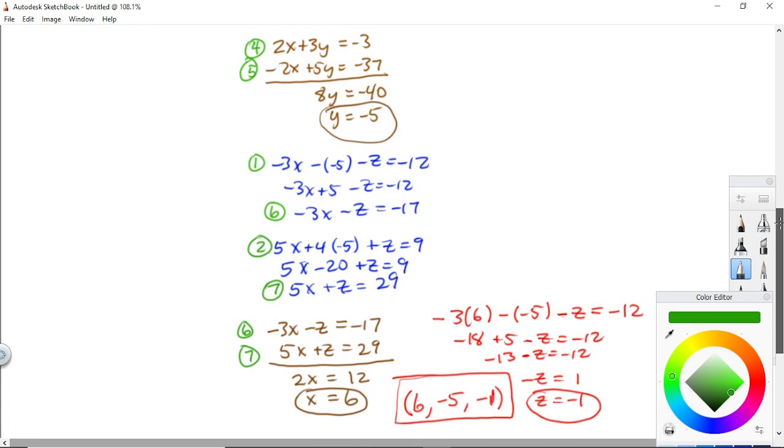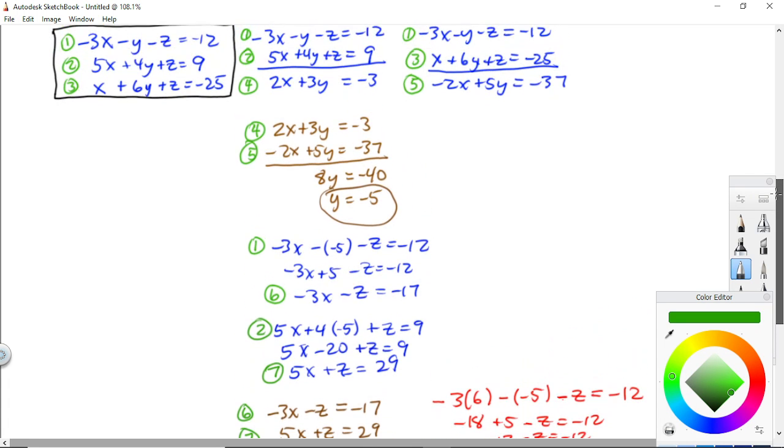We can plug them in. So what we did was we took equation 1. Okay? And so right here, that's what we did. We took equation 1, we plugged in x and y, right? We know x is 6 and we put it in there. We know y is negative 5 and we put it in there for y. And then we just solve for z.